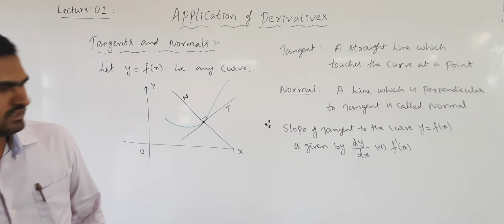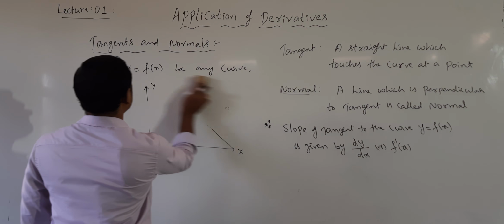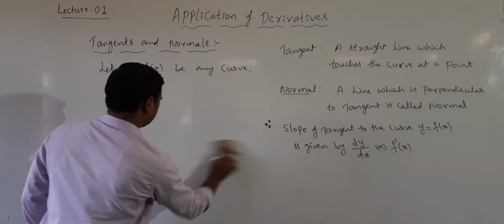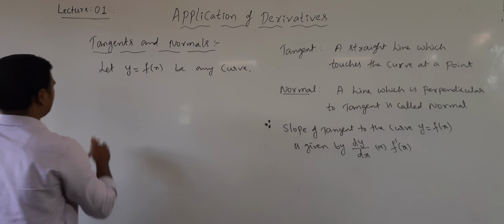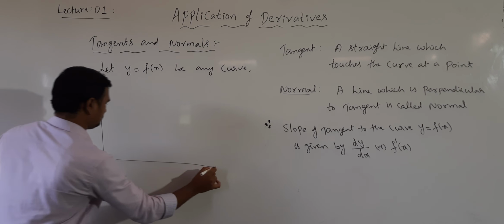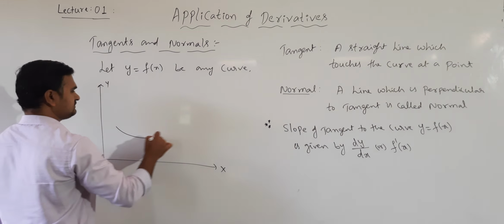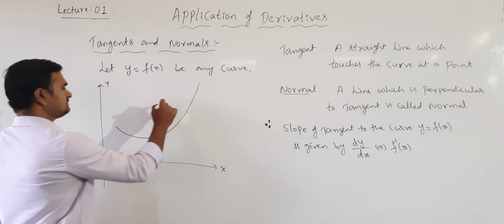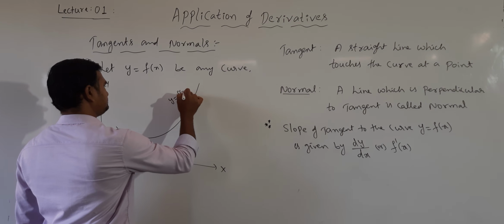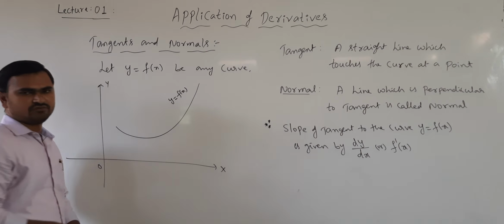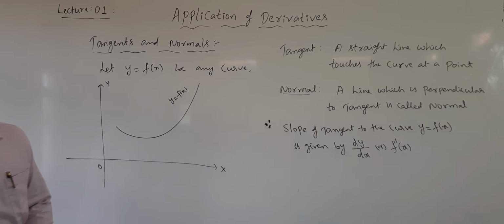Now if I take a curve like this, suppose the curve is like this, y equal to f of x. Now for this curve, how many tangents can we draw?